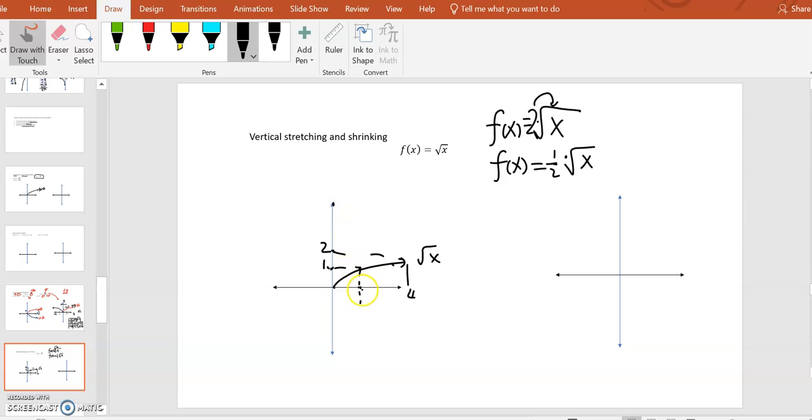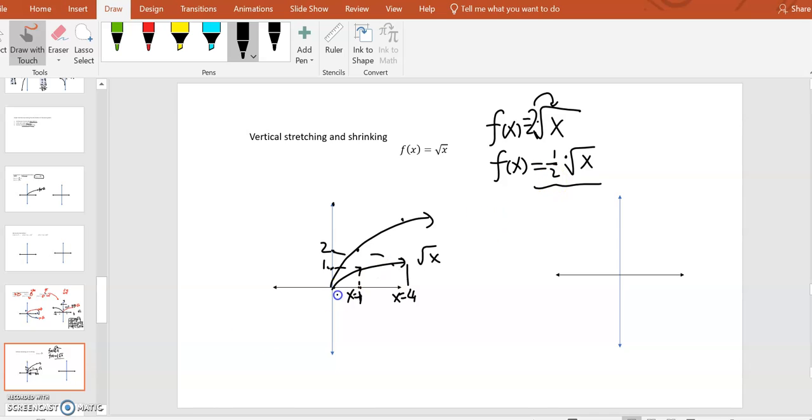So we pick the same x value, but the y will be doubled. So this point, from x equals 1, y equals 1, becomes x equals 1, y equals 2. X equals 4, y equals 2 becomes x equals 4, y equals 4. So as you can see, the graph is sort of widened. It's like we stretched it.